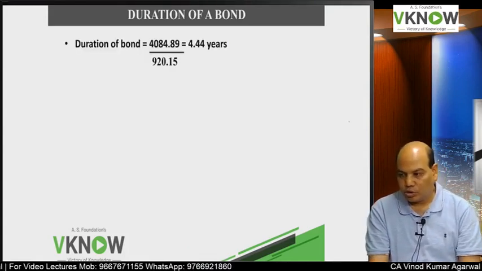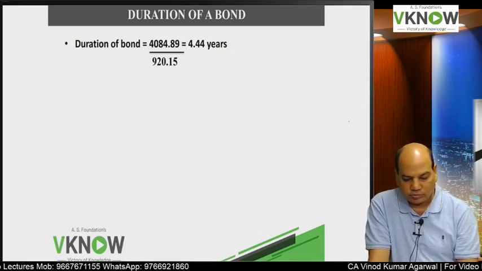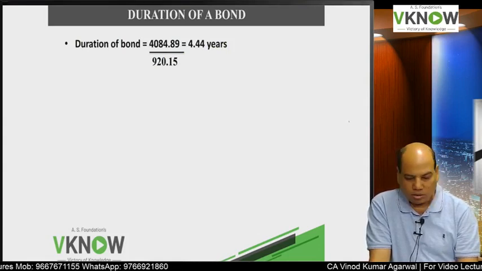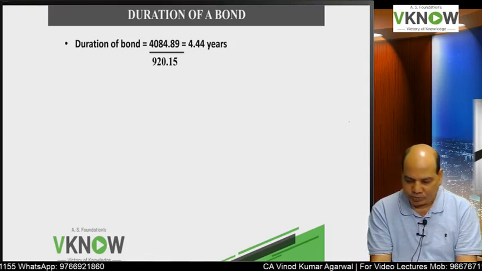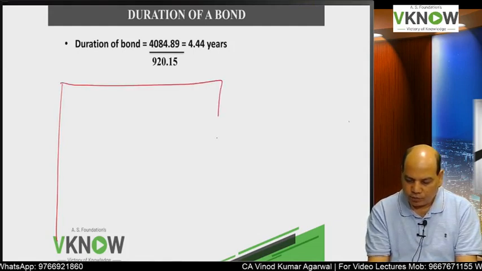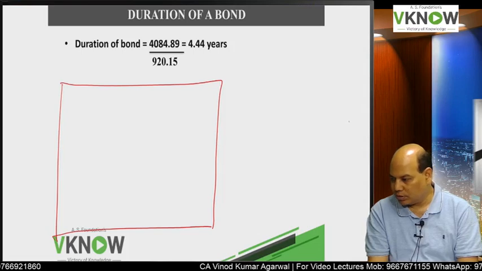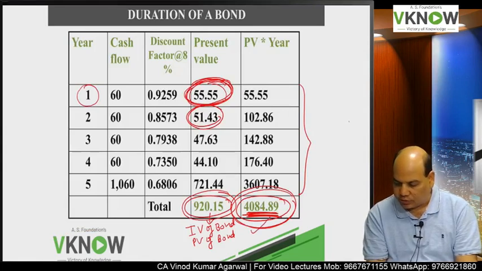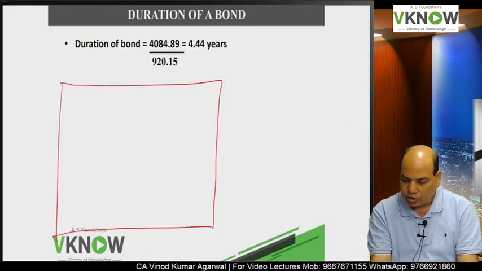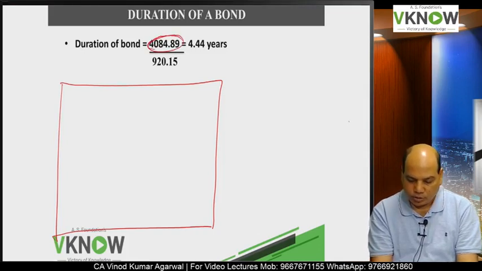So write down below, duration of bond is equal to 4084.89 divided by 920.15, that is 4.44 years. 4.44 years, correct? Divya is getting 4086. Okay, you can take 4086 also. So those who got 4086, write here 4086. No problem.